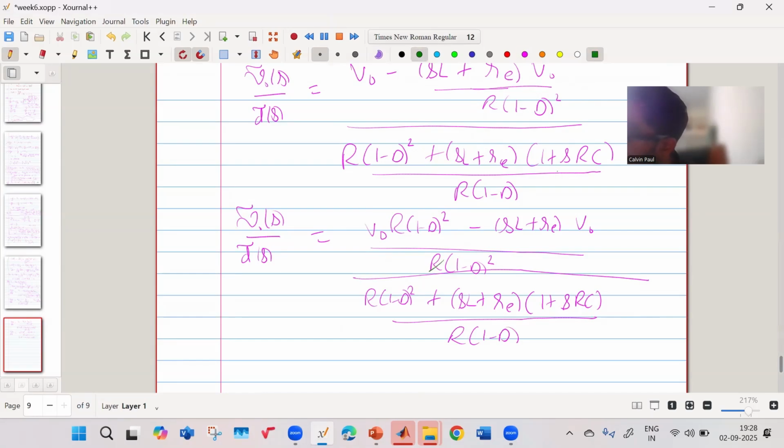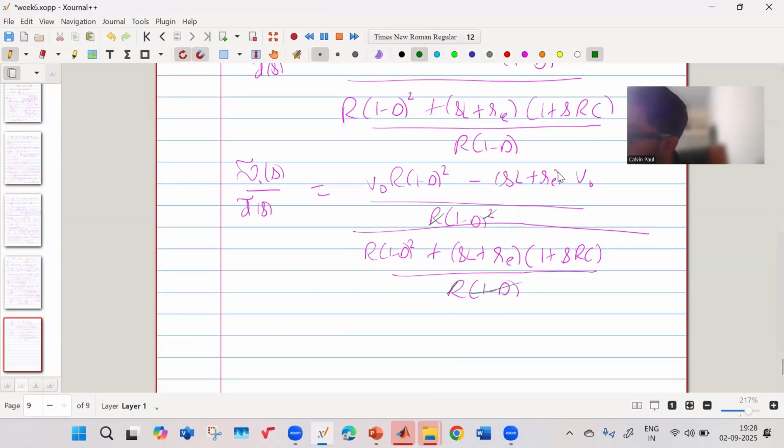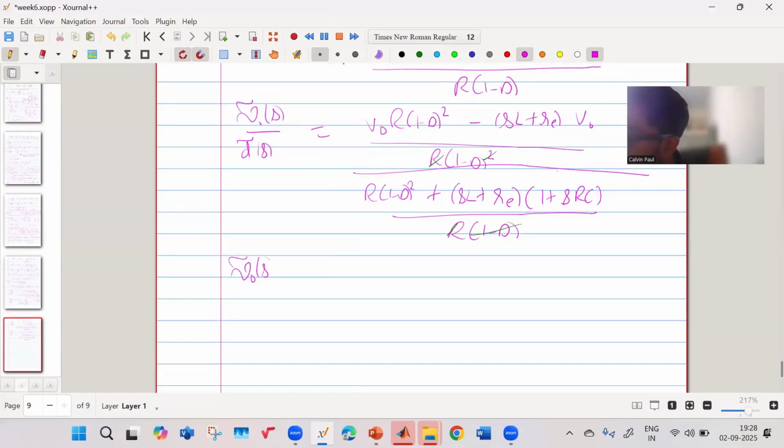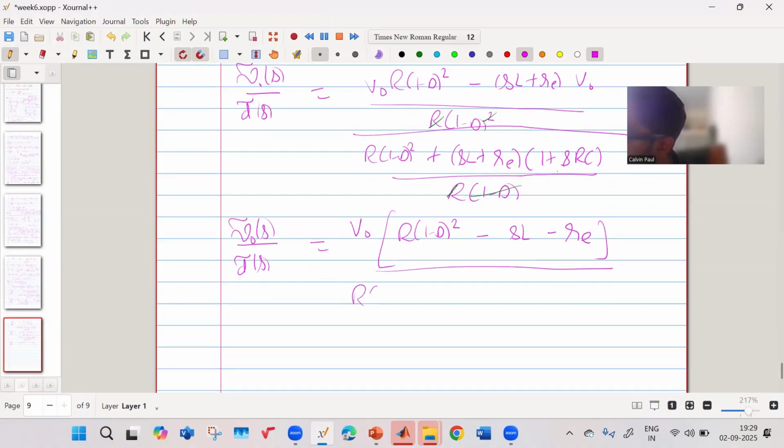So what do we do? This R and R we cancel. 1 minus D and 1 minus D we cancel. So we get V output tilde of S by D tilde of S. V output is common in the numerator. So we get R into (1 minus D) square minus SL minus RE upon R into (1 minus D) cube.